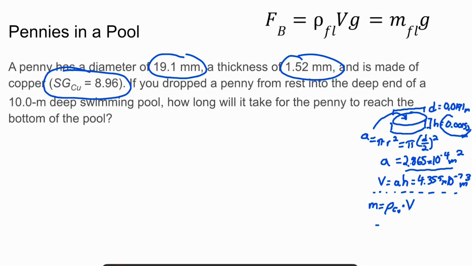And if we try to figure out what our density of copper is, we weren't given our density of copper, but we were given the specific gravity of copper. And remember, the specific gravity of any substance is the density of that substance divided by the density of H2O. And so what that tells us is that the density of copper equals the specific gravity of copper times the density of H2O.